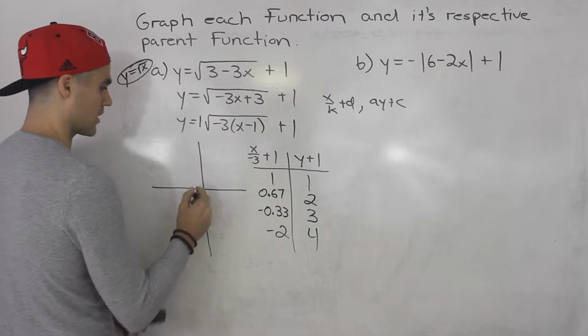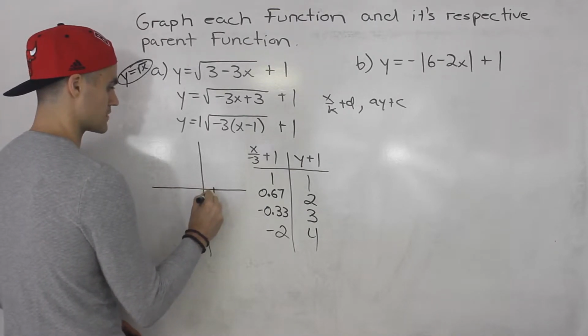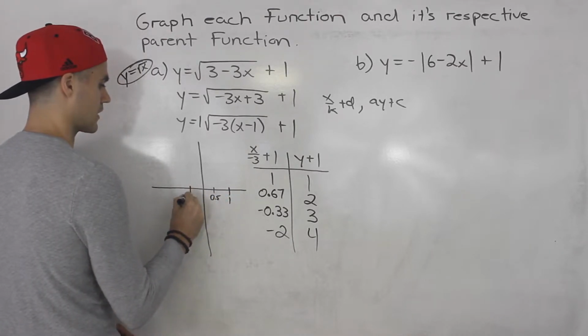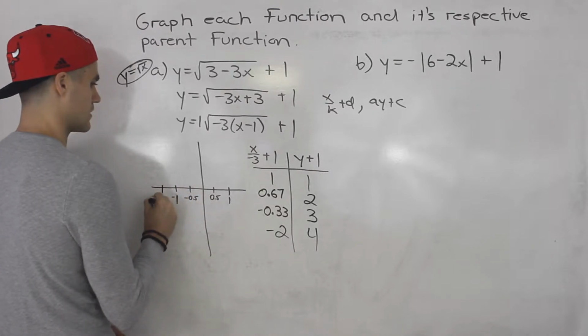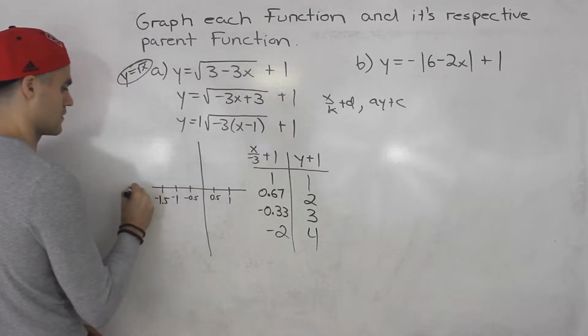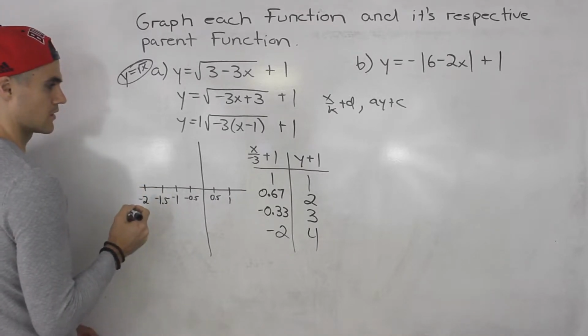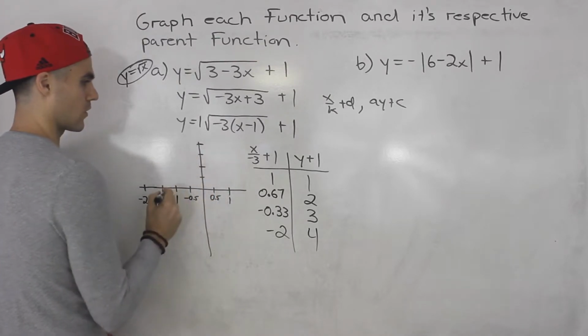So this has been compressed a lot, so let's go up by 0.5. So we got 0.5, 1, and we got negative 0.5, negative 1, negative 1.5, and then negative 2. And then we got 1, 2, 3, 4.